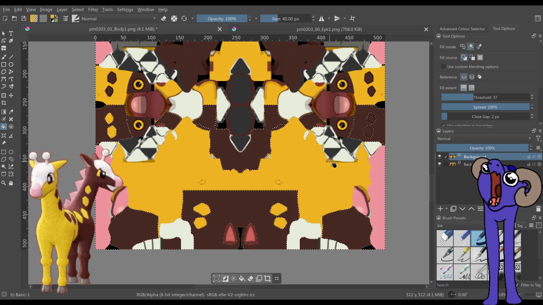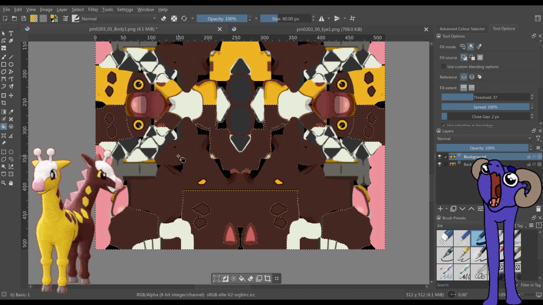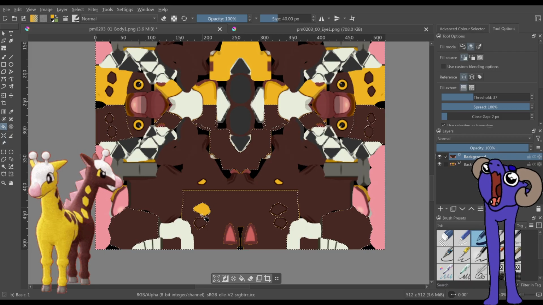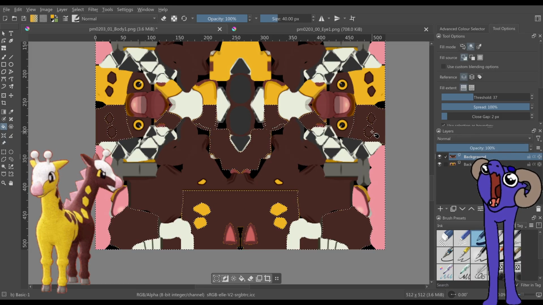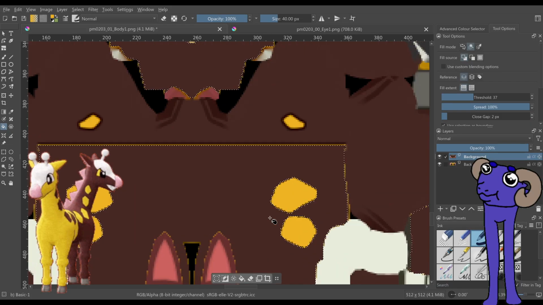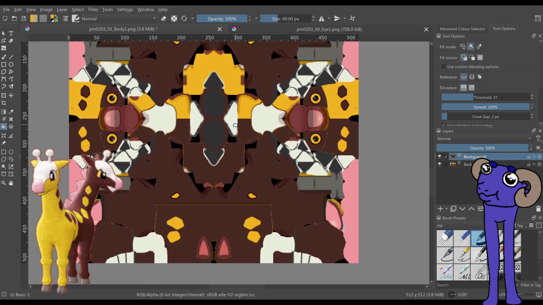However, the teeth are used. We do not want the teeth to be yellow. For that reason, I'm actually going to be a bit more careful going over these. So, with just that being done, how does this look?